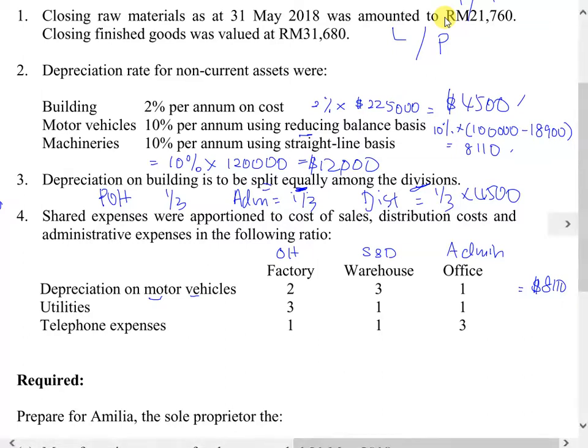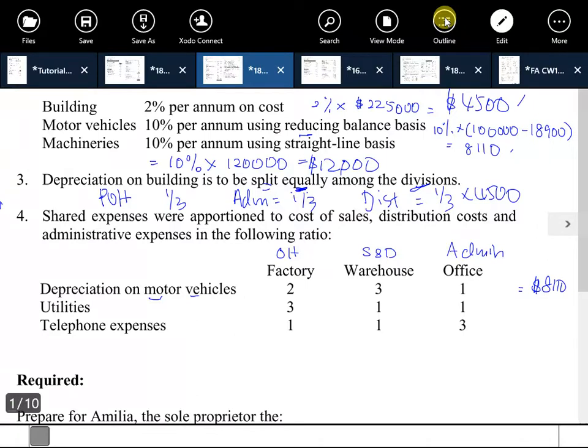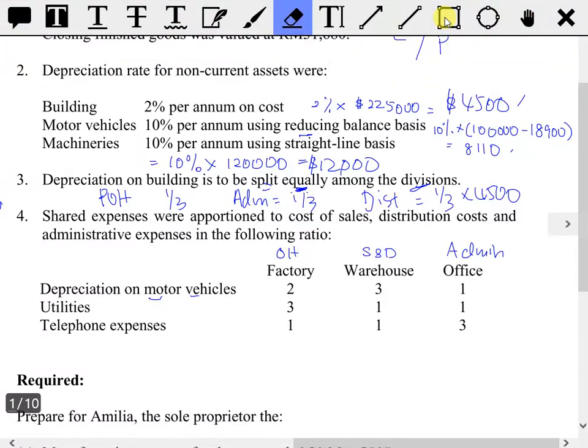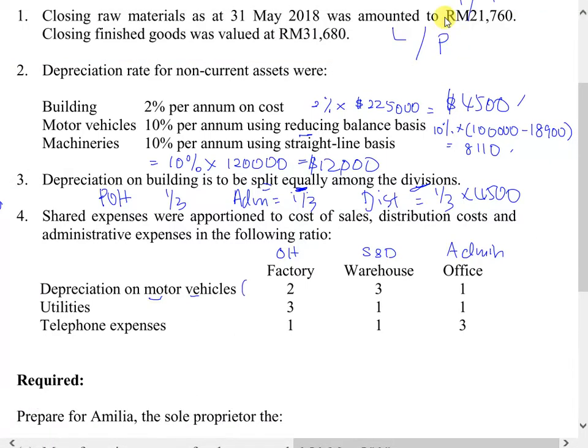So warehouse will be part of your selling and distribution. Office will be your admin cost. So we're going to share in these 3 divisions as 2, 3, 1. How much is the depreciation? 8,110. So we're going to share 2, 3, 1. How? Divide by 6. 2 over 6, 3 over 6 and 1 over 6 of this 8,110.